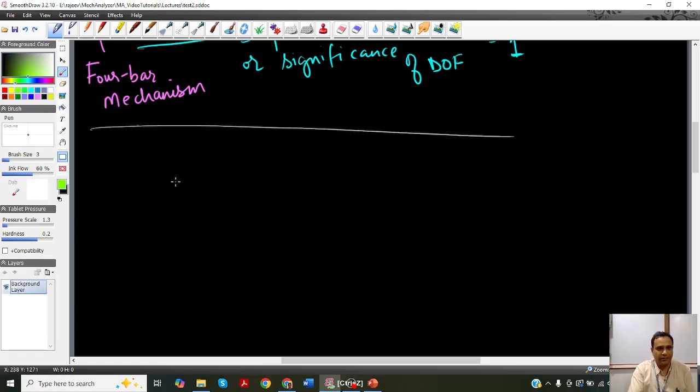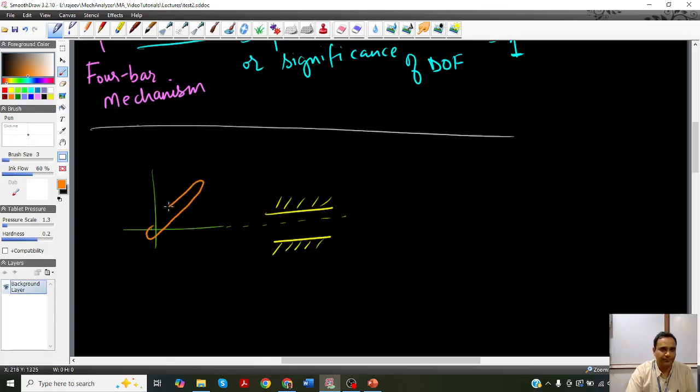So imagine I have a coordinate system and there is a grounded link like this, and I can have one link in this manner, then I'll have another link in this manner, and I'll draw one slider.